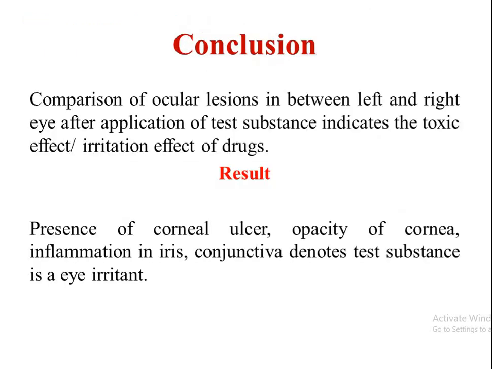In the conclusion, we can say that after comparison of ocular lesions between the left and right eye, after application of the test substance, it indicates the toxic or irritation effect of the drug. We have to write in the result that the presence of corneal ulcer, opacity of cornea, inflammation of iris, and conjunctiva denotes the test substance is an eye irritant.